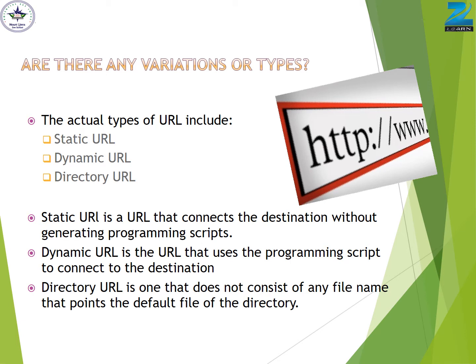It needs some data from the previous page, and only then can we locate that page. That type of URL is called a dynamic URL. A directory URL is one that does not consist of any file name and points to the default file of the directory. Whenever we type such a URL directly, it will open the home page of the website. So that is a directory URL.